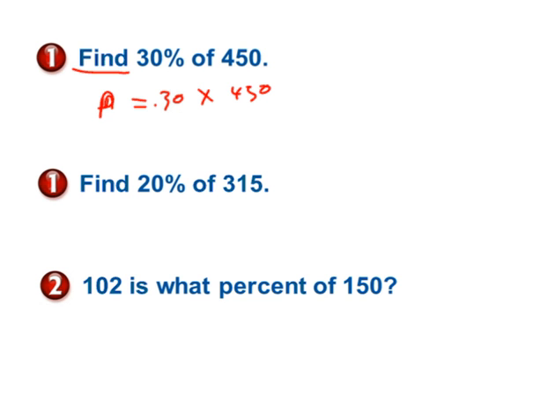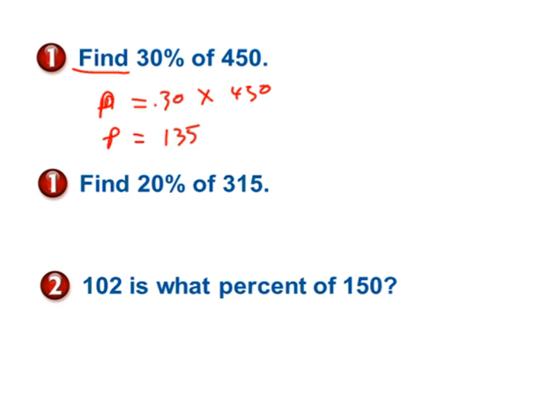And if I actually multiply that, I'm going to do a little bit of estimate here. I'm going to say that 10% is 45 times 3. 45 times 3 would be 135, so my part is equal to 135.